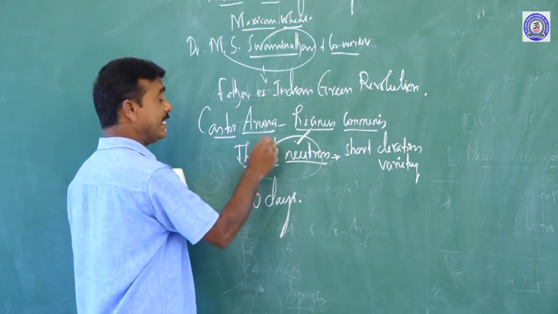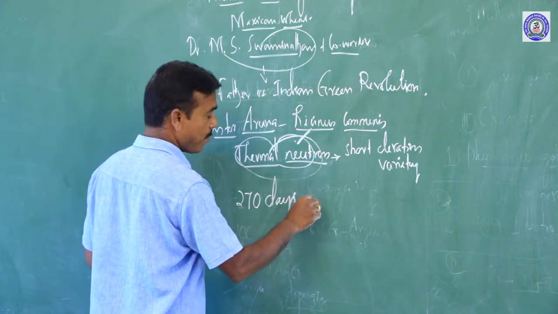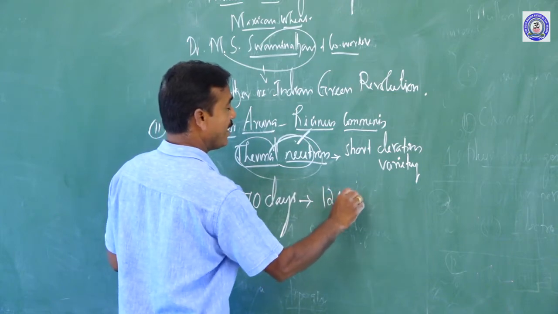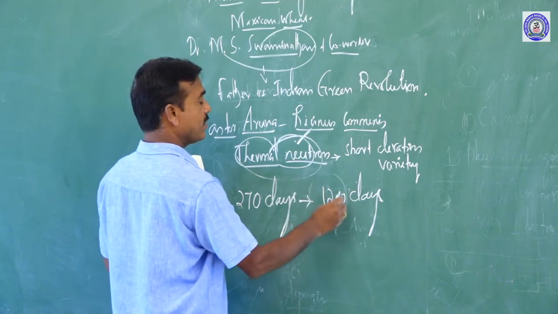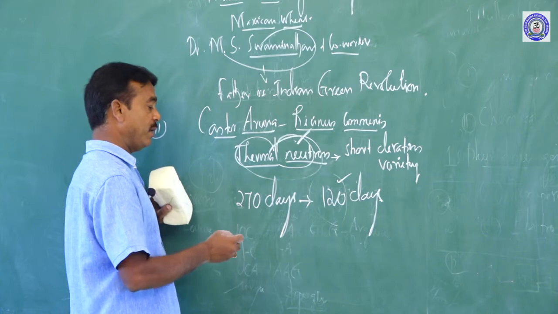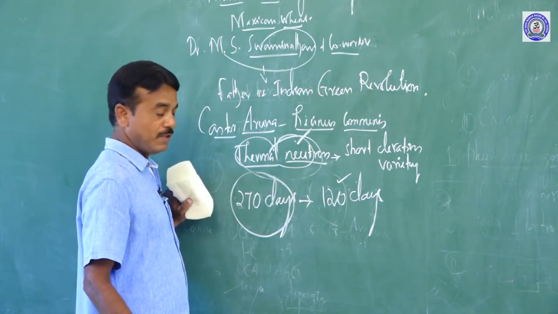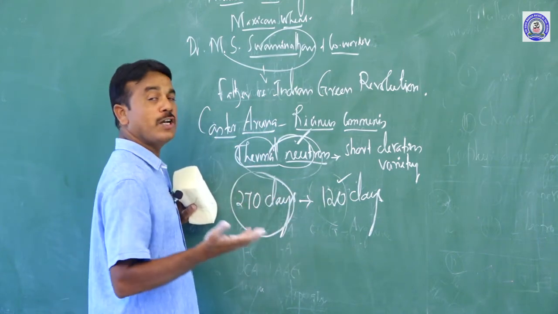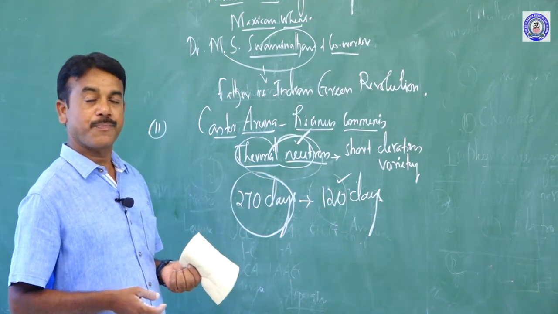But after thermal neutron treatment, the castor plants have a lifespan of about 120 days. So you can harvest within 120 days, whereas without thermal neutron treatment it takes 270 days. With the help of neutrons, the duration is altered to 120 days. That is commonly called Castor Aruna.